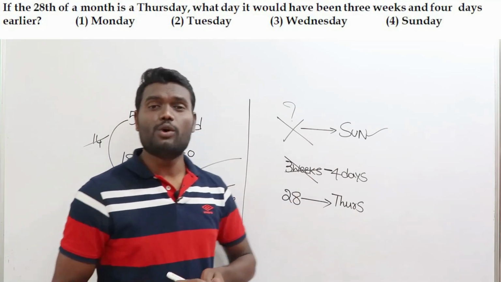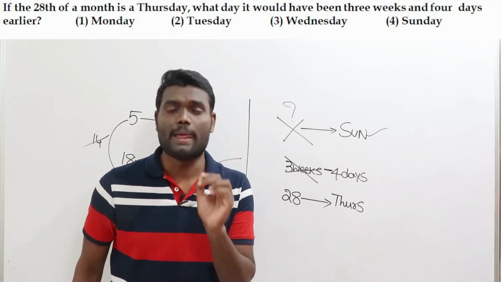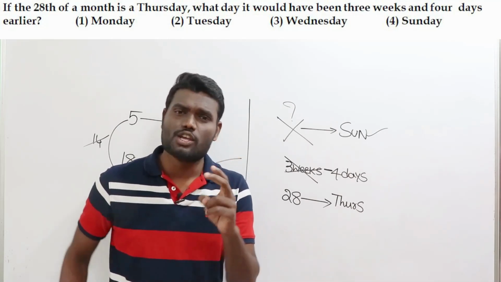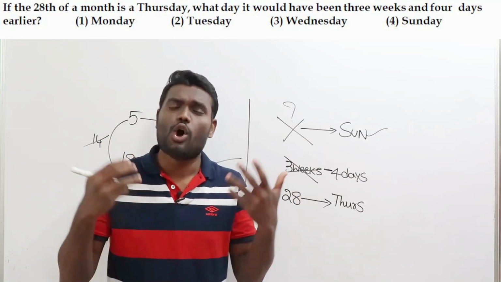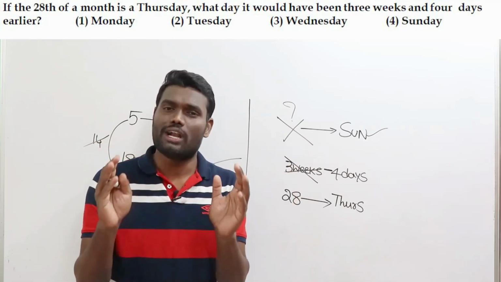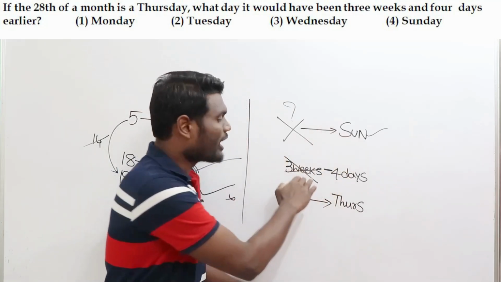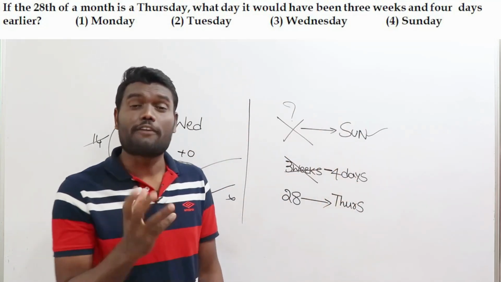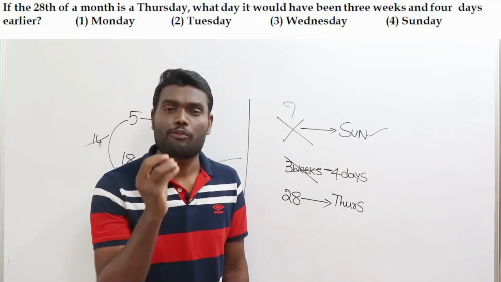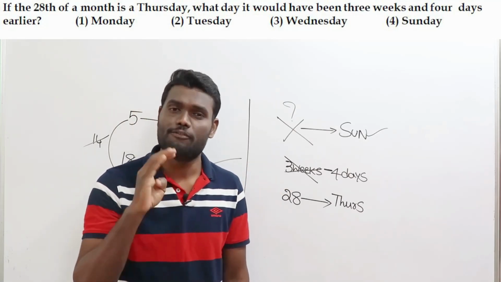Why? Because we know that in a week the number of odd days is 0. Whether it is 2 weeks or 3 weeks or 5 weeks or 10 weeks, it does not matter, because in a week the number of odd days is 0. Whether it is 3 weeks 4 days back or 10 weeks 4 days back or 50 weeks 4 days back or 12 weeks 4 days back, I am going to consider just the 4 days.